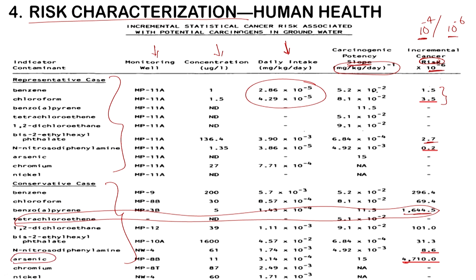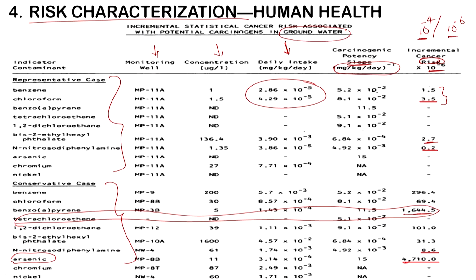So, after calculating the risk, what will it take into account? It will take into account the concentrations that I am exposed to, the pathway, and here I believe we are looking at groundwater, potential carcinogens in groundwater. So, the pathway, the type of compound, and the amount that I am taking in, and then it will give me a particular risk. As you see now, I can try to have a relative comparison.